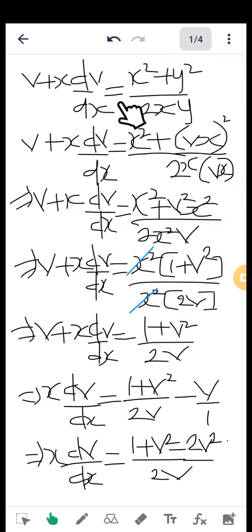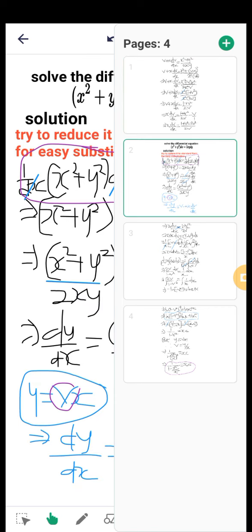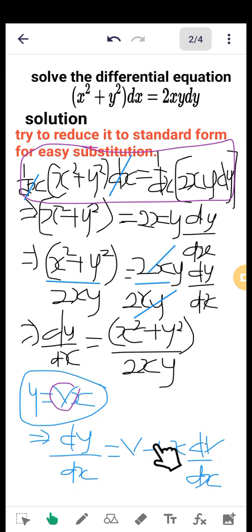Okay, so by making the substitution on the previous slide, we saw that dy/dx is equal to v plus x dv/dx. By using this formula and differentiating by the product rule, we obtain this. So wherever we see dy/dx, we substitute v plus x dv/dx into our original equation in standard form.